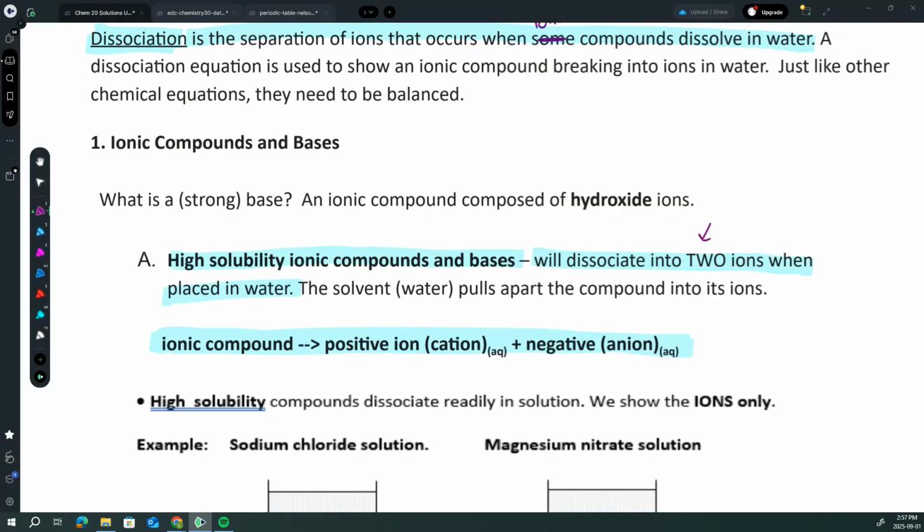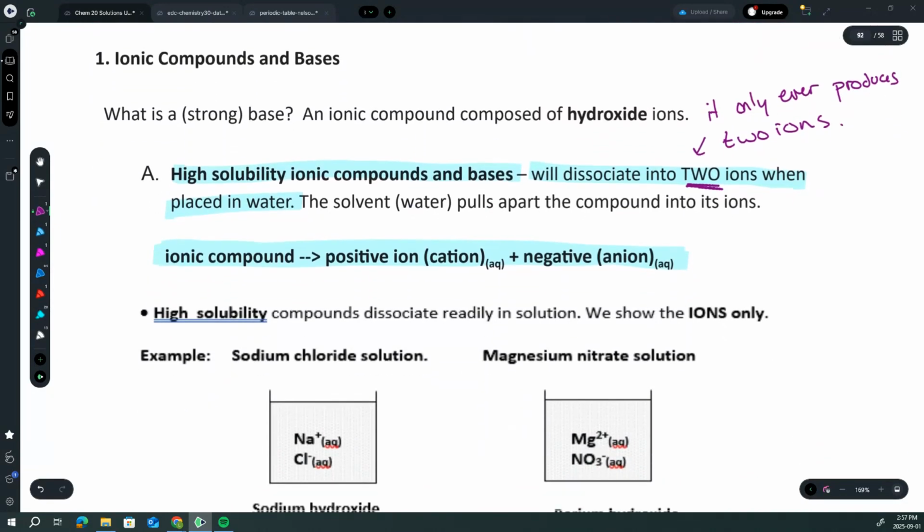It's only ever two. High solubility compounds dissociate readily in solution, and we show the ions only.